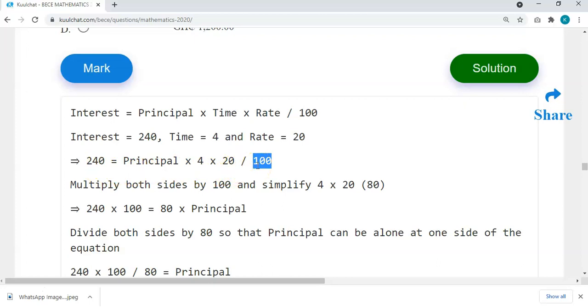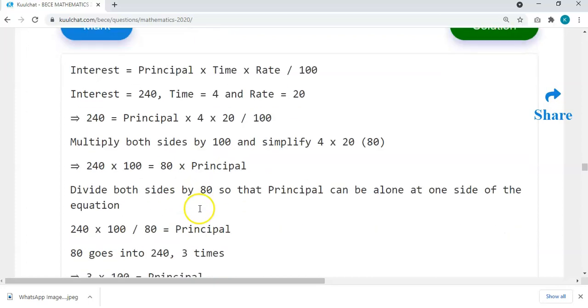So the LCM for 1 and 100 is going to be 100, since 1 will go into 100 and 100 will go into itself. So you use 100 to multiply both sides of the equation. When you multiply this one there, you cancel the 100. So you are going to get 240 times 100 is equal to 4 times 20, which is 80, times principal.